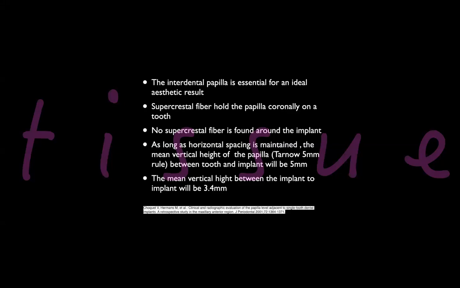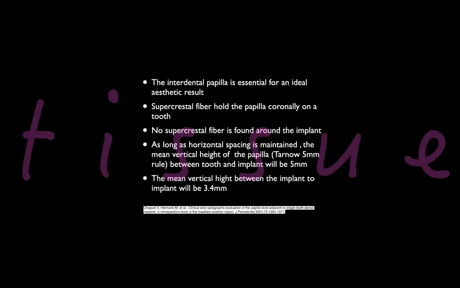And everybody knows about the Tarnow rule of 5 millimeter, okay? So if the head of your implant is 5 millimeter from the contact point of the adjacent tooth, up to the 5 millimeter, you basically hold on to your papilla as much as 98% of the time.